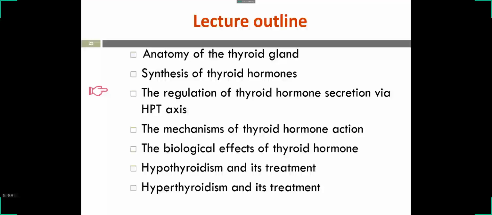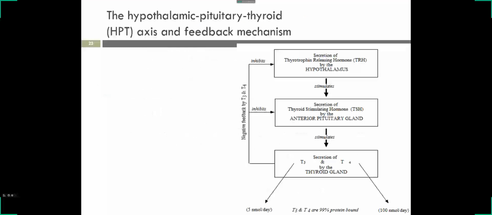Remember, we talked about thyroid stimulating hormone and thyroid stimulating hormone receptor. So I want to talk about how the thyroid works within what is called the HPT axis, the hypothalamus pituitary thyroid axis. So that axis looks like this.